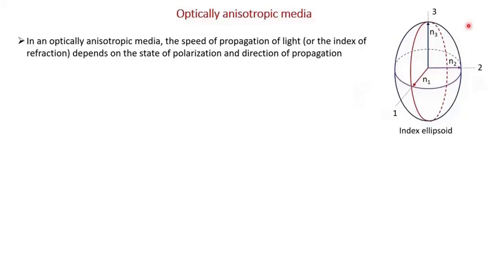When a ray of light propagates along either axis 1, 2 or 3, it will get split into two components, each having polarization in two orthogonal planes, but the two components will travel collinearly.